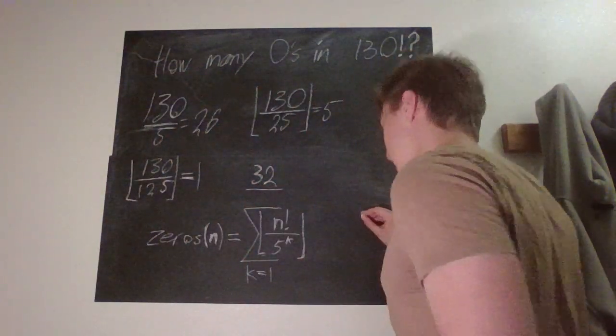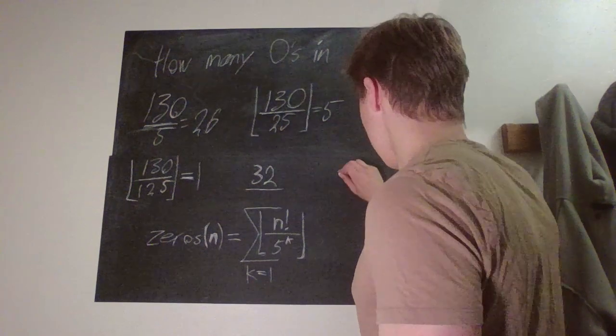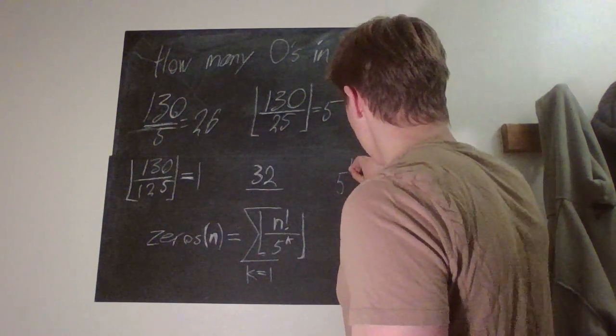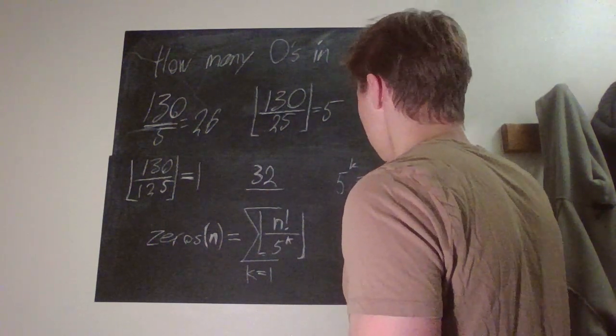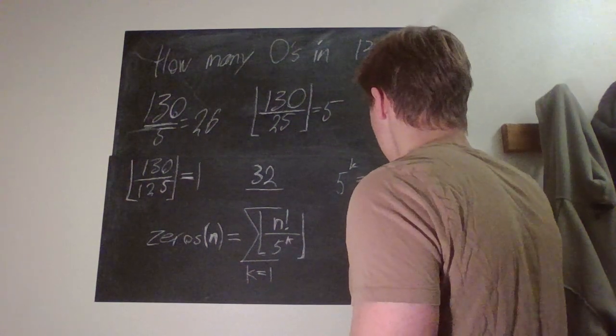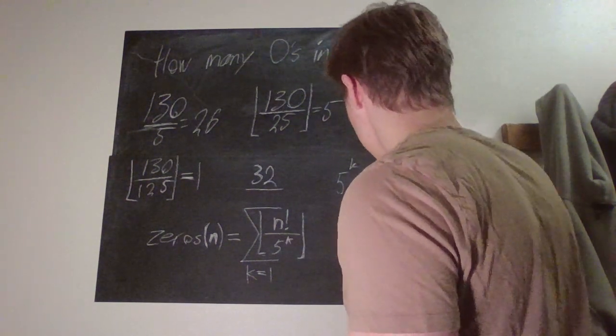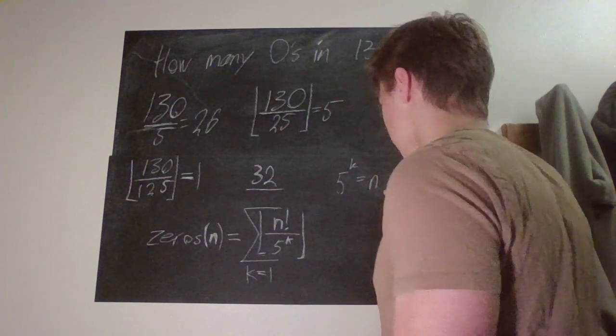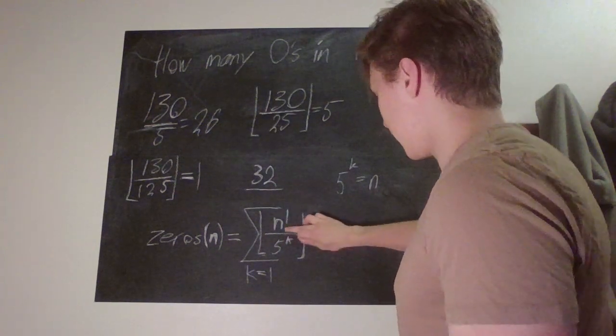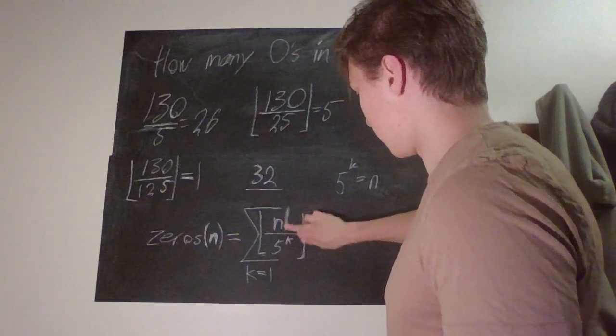So we can just say basically that 5 to the power of k is supposed to be equal to n. No, sorry, just n, there shouldn't be a factorial here either.